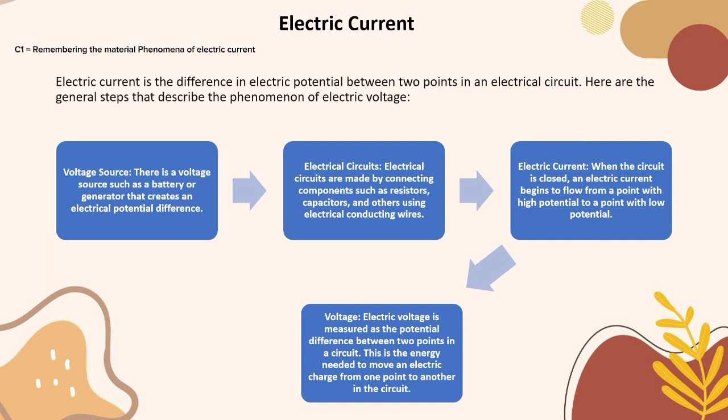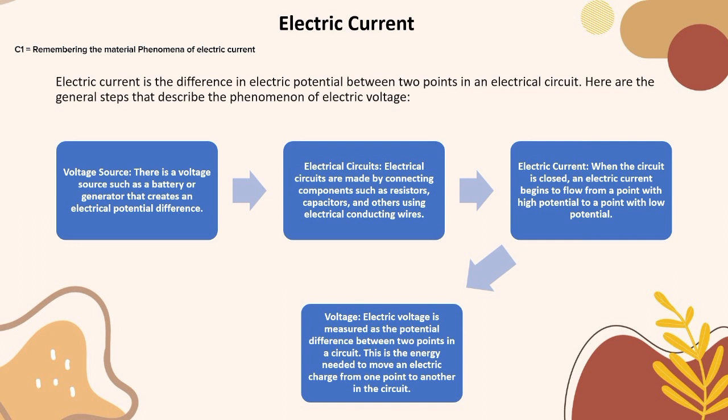Here are the general steps that describe the phenomenon of electric voltage. Okay, electric source: there is an electric source such as a battery or generator that creates an electric potential difference.